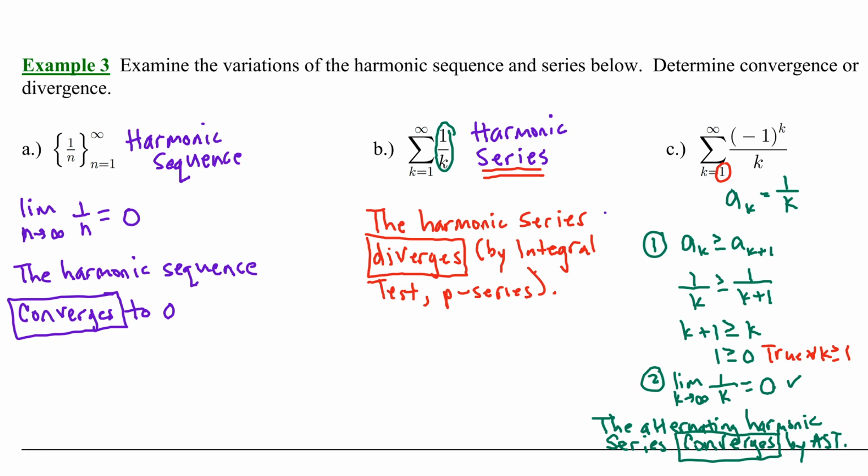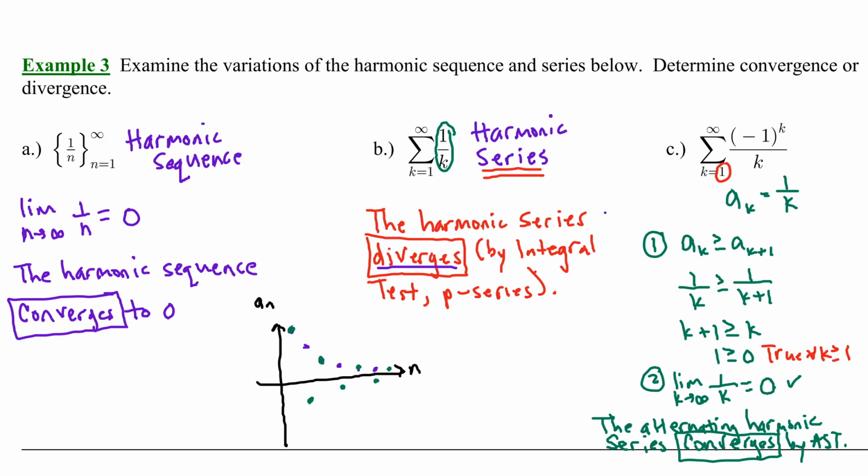If you want a visual of this, we can imagine the harmonic sequence and the alternating harmonic sequence. So if we put along the horizontal axis n and along the vertical axis a sub n, then the harmonic sequence does something like this. The sequence converges, but as soon as I add up those values, the series diverges. Now, if we were able to allow this harmonic sequence to alternate, the graph would do something like this.